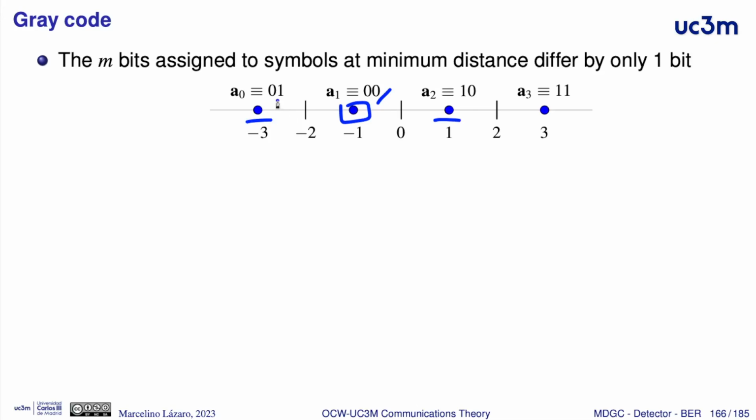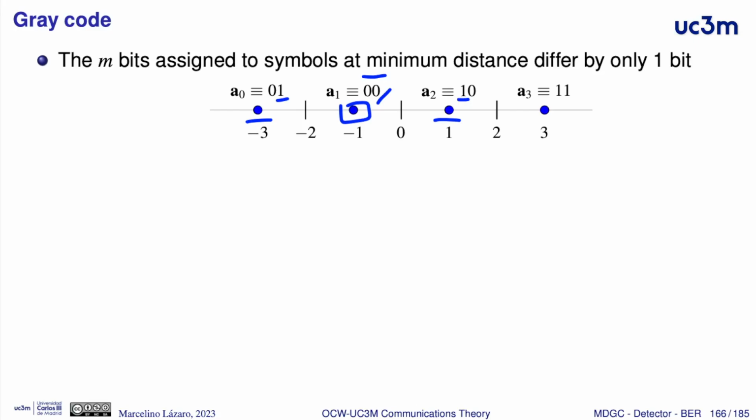For instance, in A0 only the second bit is different, in A2 only the first bit is different with respect to 0, 0. The binary assignment for A1. In Gray codes, therefore, symbols at minimum distance will have binary assignments with only one different bit.